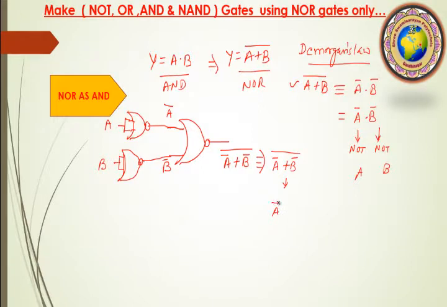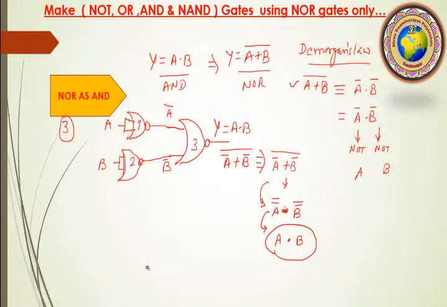Applying De Morgan's law on A bar plus B bar whole bar, I receive A bar bar dot B bar bar, which is converted into A dot B. So using De Morgan's law, the output Y is equal to A dot B. So using these three NOR gates, we make an AND gate.